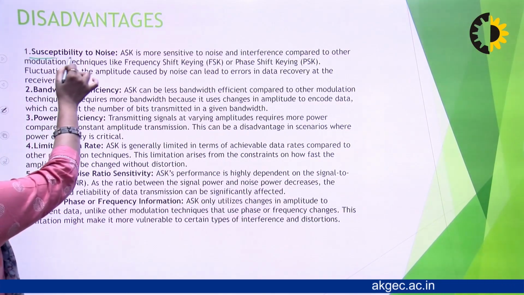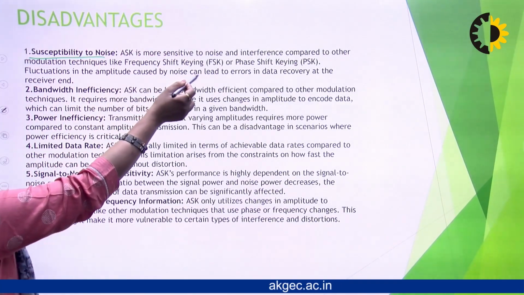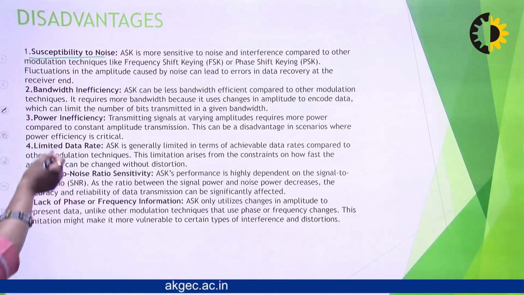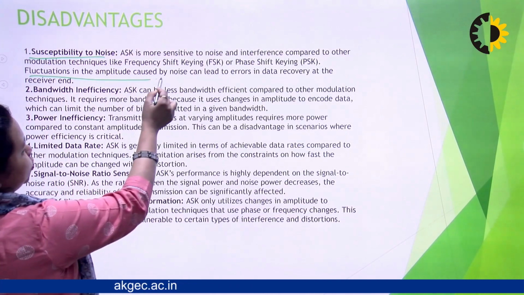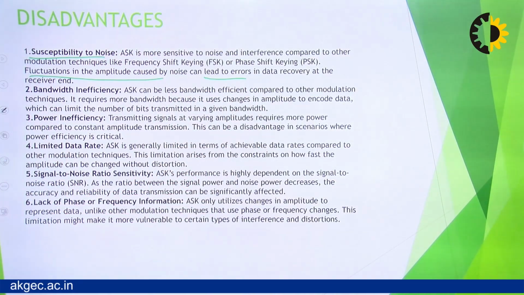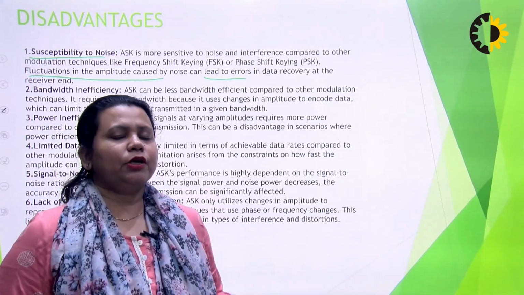These are about the disadvantages. As I already told, it is susceptible to noise. It is more sensitive to noise and interference compared to FSK and PSK. Fluctuation in amplitude. Why? Because the fluctuation in amplitude caused by noise can lead to errors in data recovery at the receiver end. Since 1 and 0 are coming one by one, there is a fluctuation in amplitude.